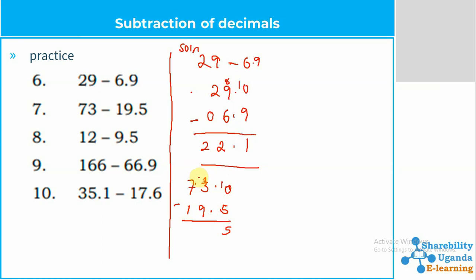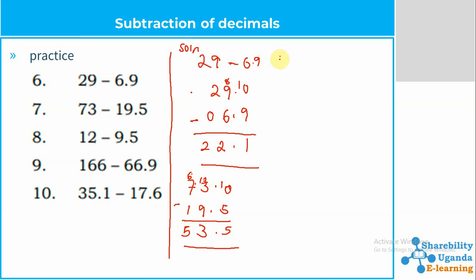Then this is 7, because here we are remaining with the 2 minus 9, impossible. Borrow 1, this becomes 6, so this becomes 12. So 12 minus 9 should remain with our 3 here. Now we have our 6 minus 1, which is 5. Here should be a point.